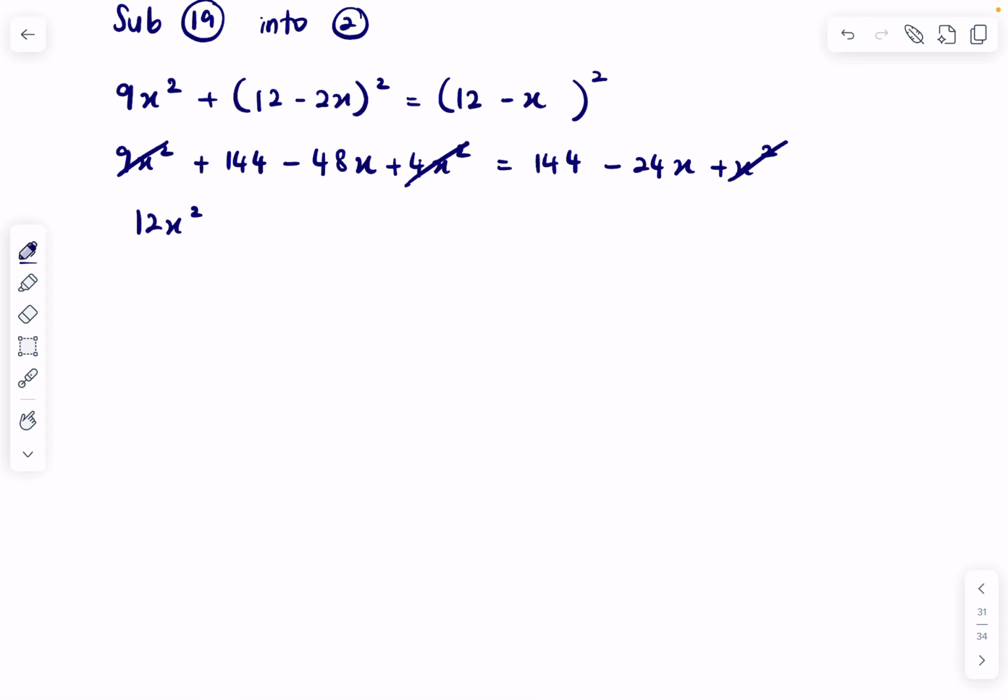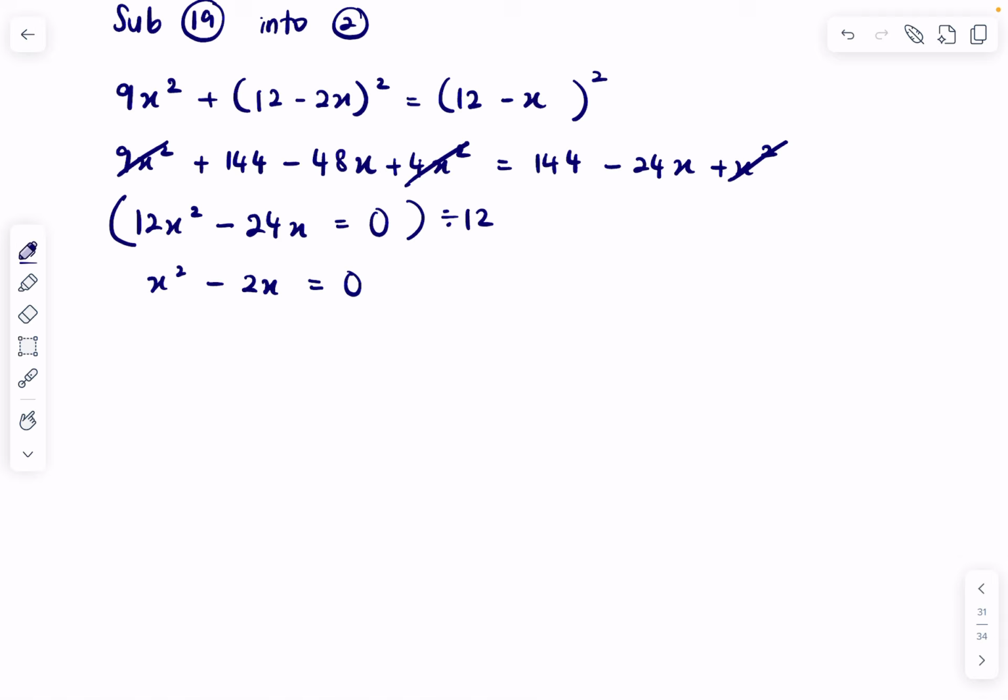And then negative 48x, negative 24x we bring there becomes positive, so this will become negative 24x. 144 cancels off. So this will equal 0. And the whole equation we can divide by 12, so we'll get x square minus 2x equals 0.